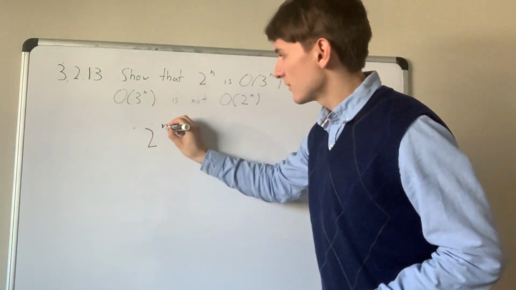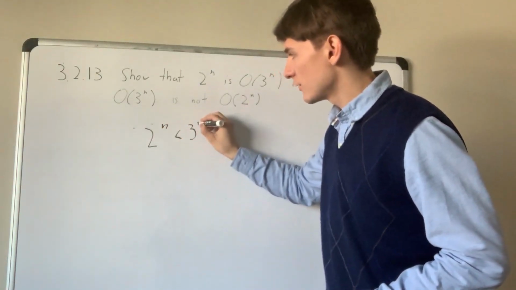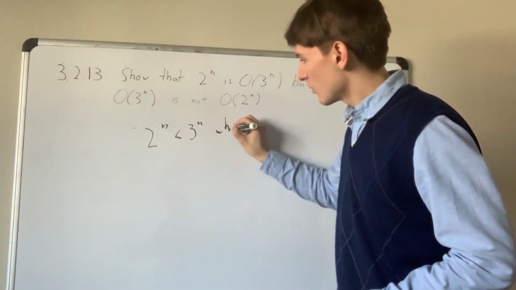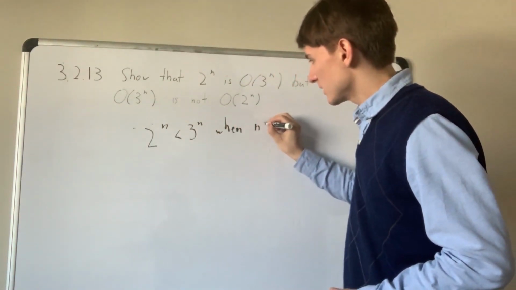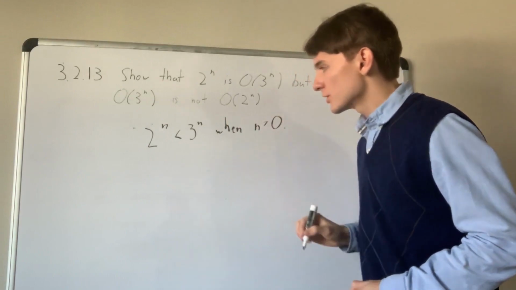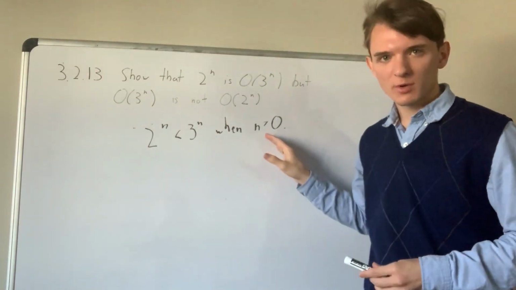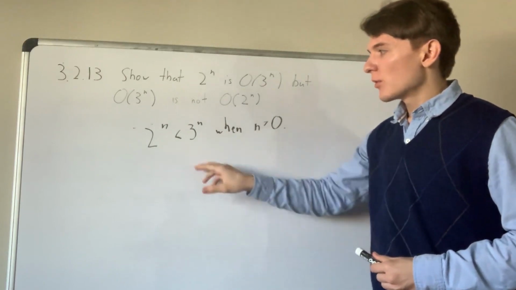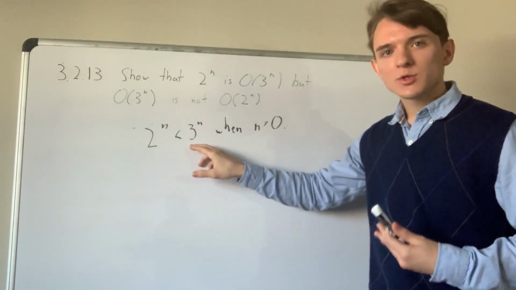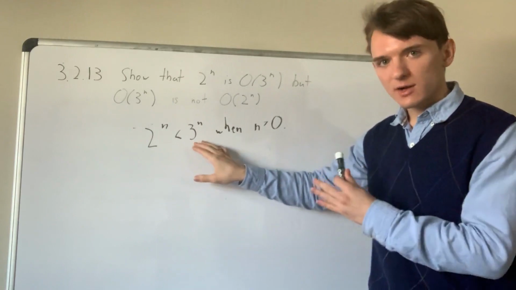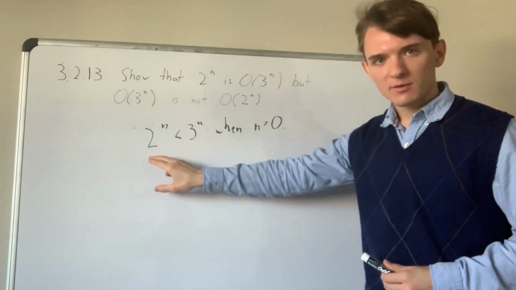2 to the power of n is less than 3 to the power of n when n is greater than 0. So no matter what value we plug into n when n is 1 or greater, 3 to the power of n will always grow more quickly and be a higher value than 2 to the power of n.